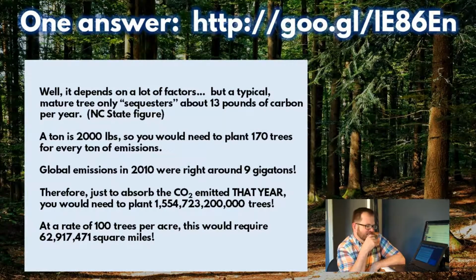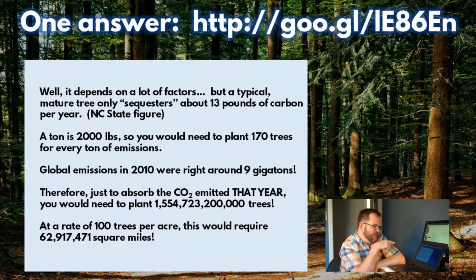A ton, let's see, is 2,000 pounds. So if you divide 2,000 pounds by 13 pounds per tree, you end up needing 170 trees per ton of carbon. Okay, well, if you use 2010 figures, at that time, mankind's anthropogenic emissions of carbon dioxide into the atmosphere were in the vicinity of 9 gigatons, 9 billion tons.